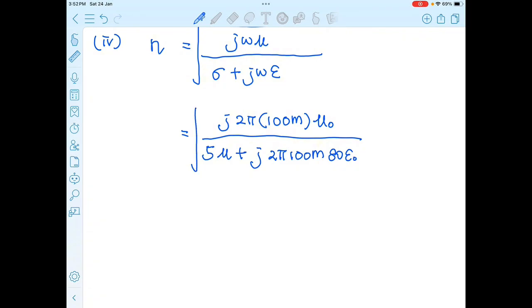For this one, you must change your calculator mode to complex, and then you can insert this.